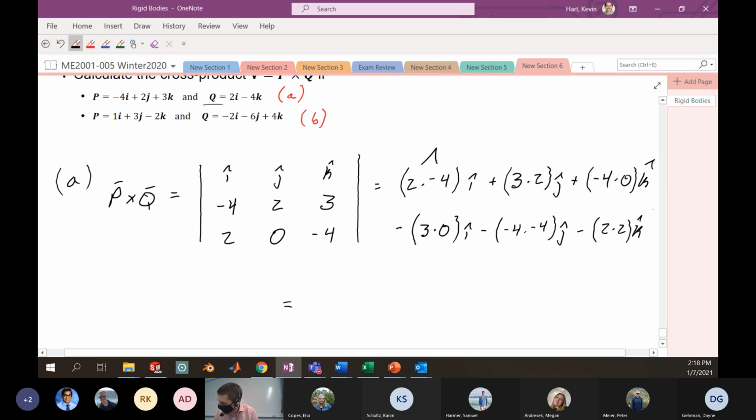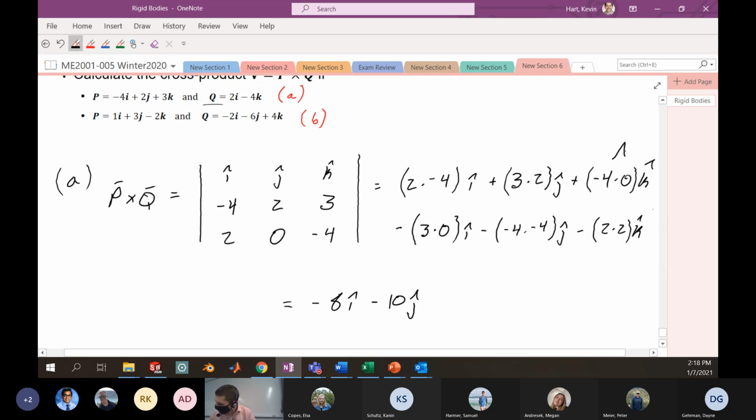All right, so here we have a negative 8, and here we have a 0. So we'll have in total negative 8 i hat. In the j, we have positive 6 minus positive 16. So that's going to be 6 minus 16, which is negative 10.